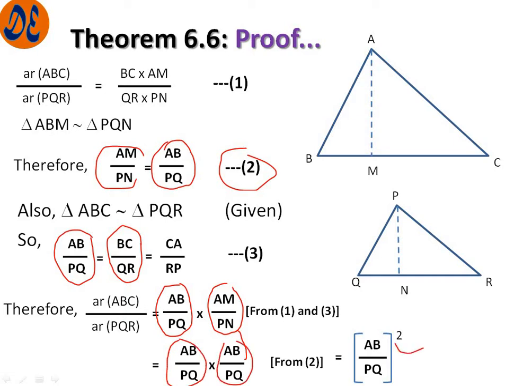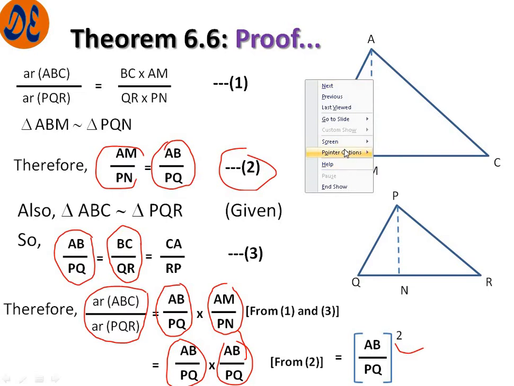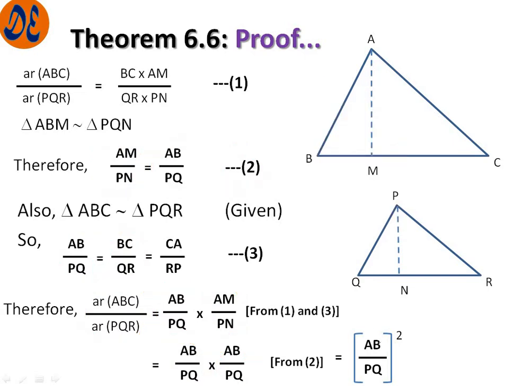So the ratio of areas equals the square of the ratio of sides. So we have proved it for a single side. If it is proved for AB by PQ, it also holds for BC by QR and CA by RP.